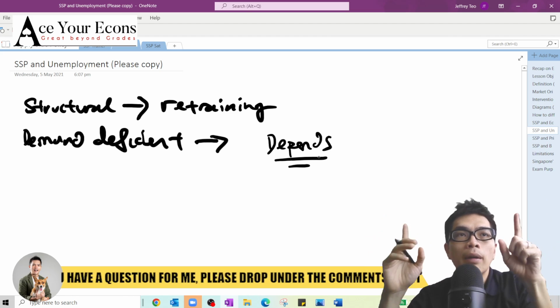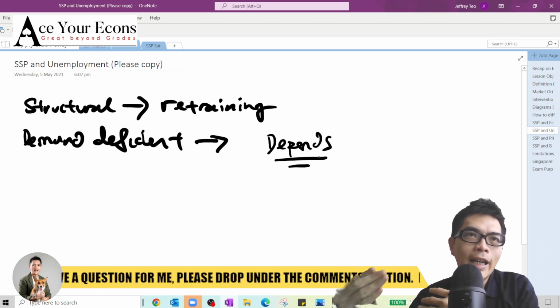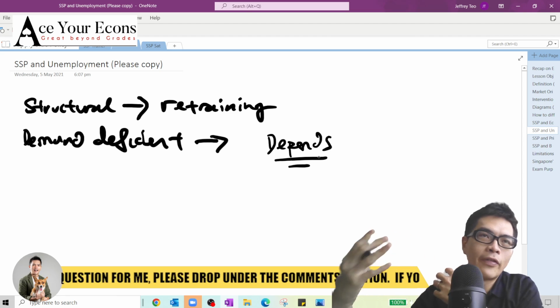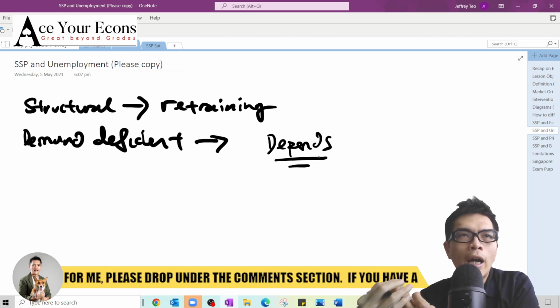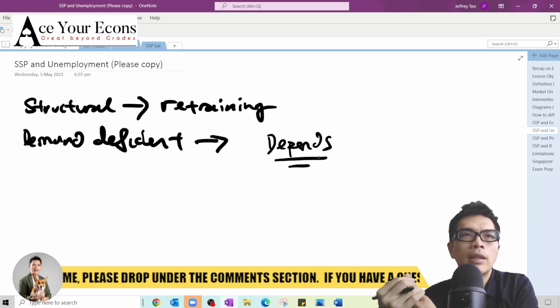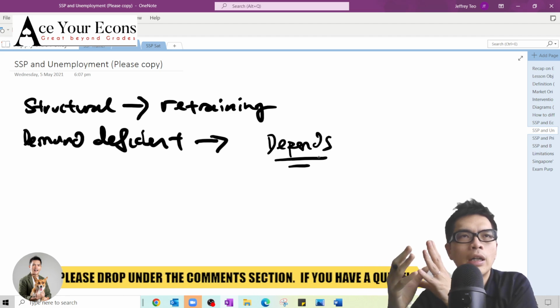Agreed? But in modern days, meaning recent developments in the school curriculum, short run supply side policies are also deemed to be of equivalent.